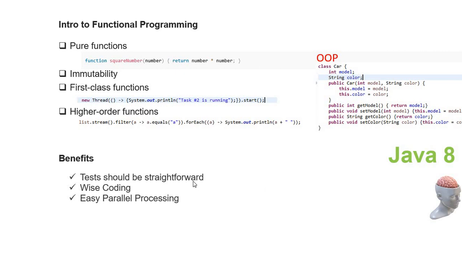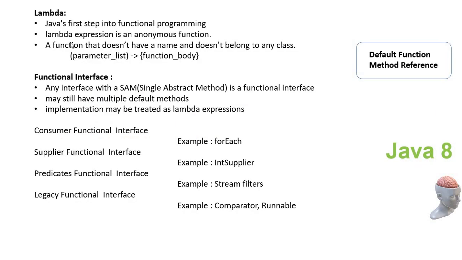So what are the different things Java has provided to implement functional programming? We have lambdas, functional interfaces, default functions, and method references. All these were added as part of Java 8 for us to implement functional programming in Java. So what is a lambda?